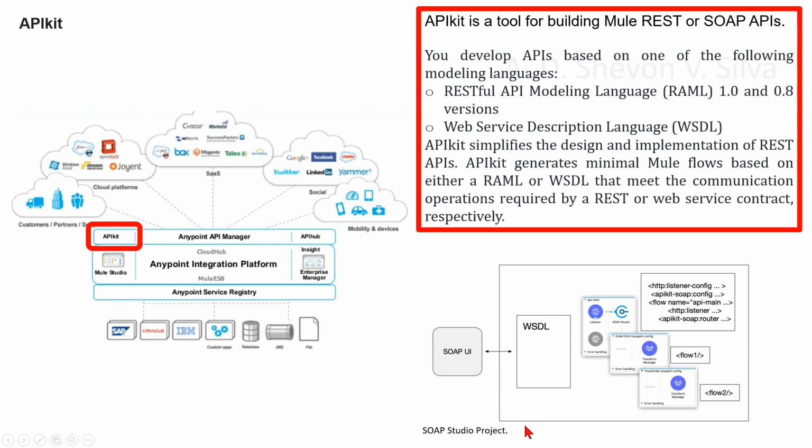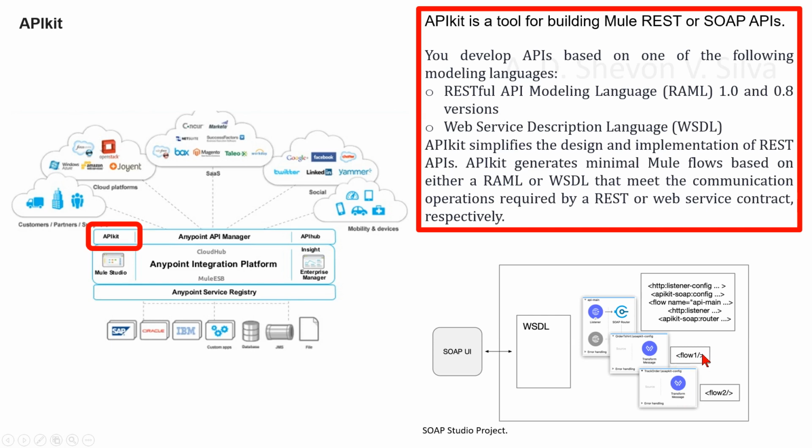Here you can see SOAP UI interacts with WSDL, and here you can see the API main, the SOAP router is here, and the APIkit SOAP config is here.